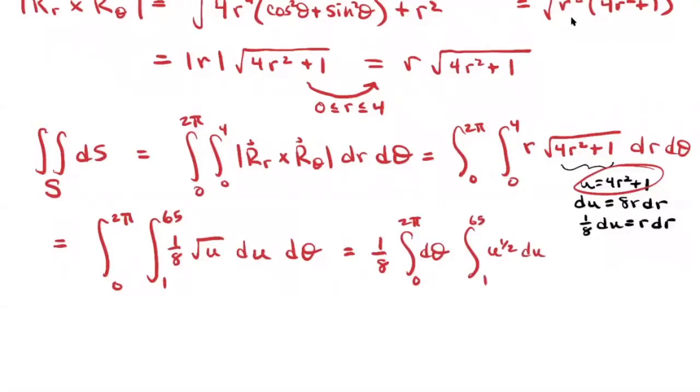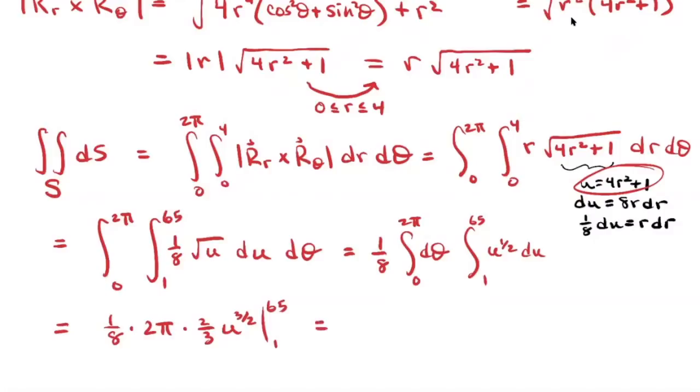So I've got the 1/8, I've got the 2 pi, and I've got a 2/3 u to the 3/2 from 1 to 65. Times 6, 4 goes into 8... 2 times 6, is it 1/6?